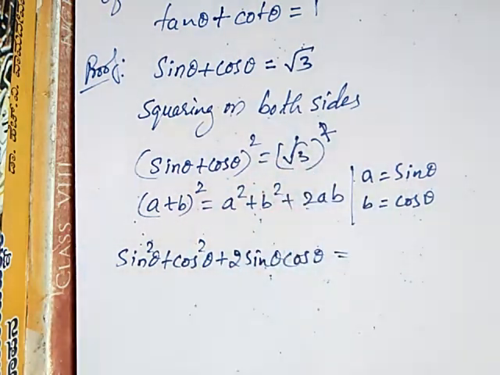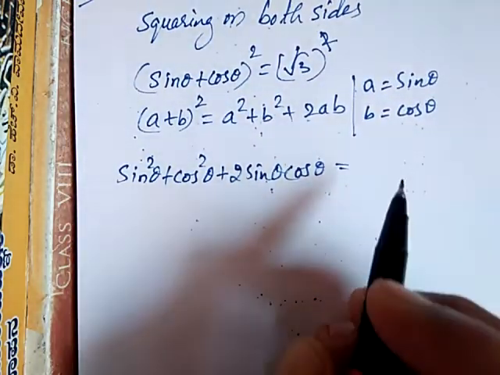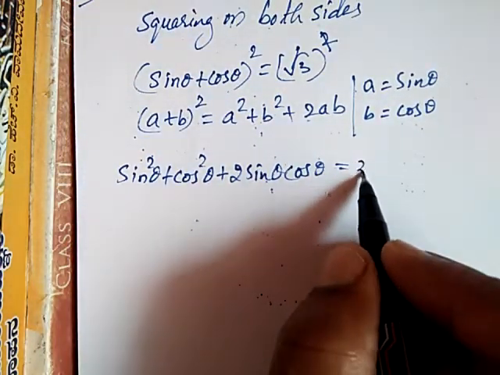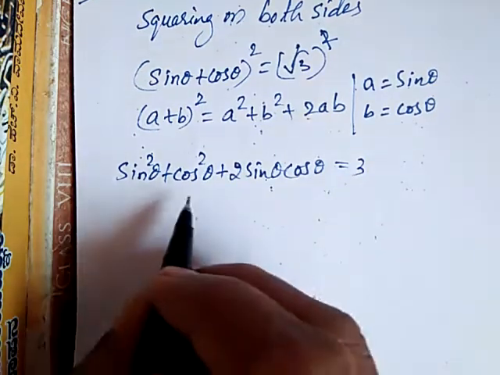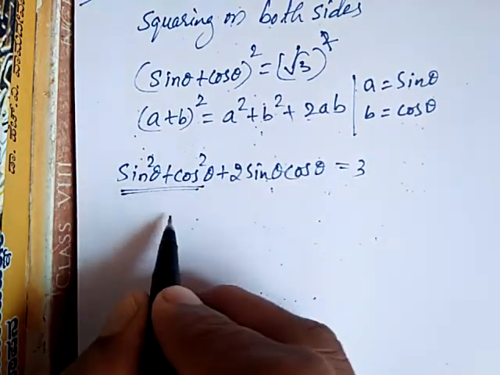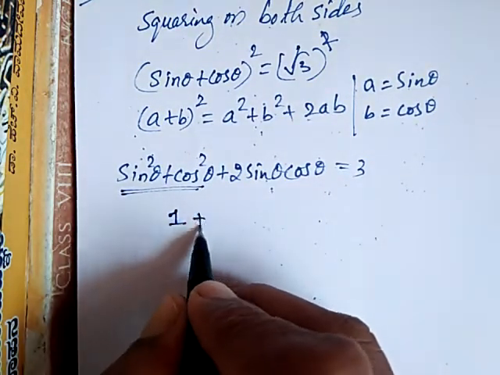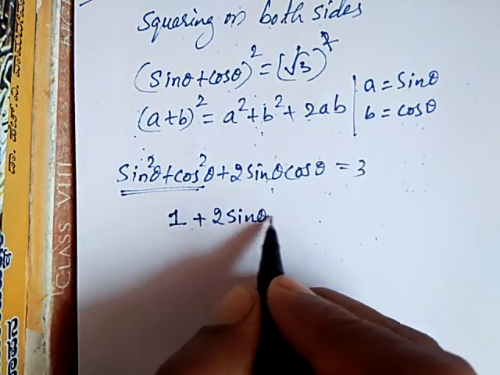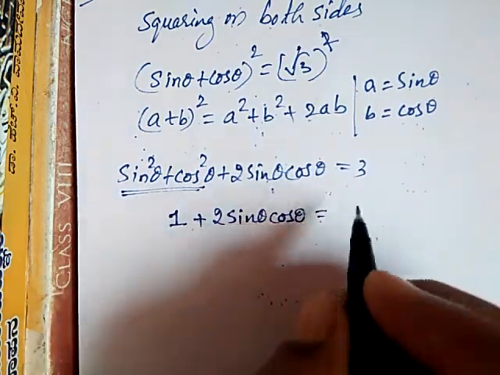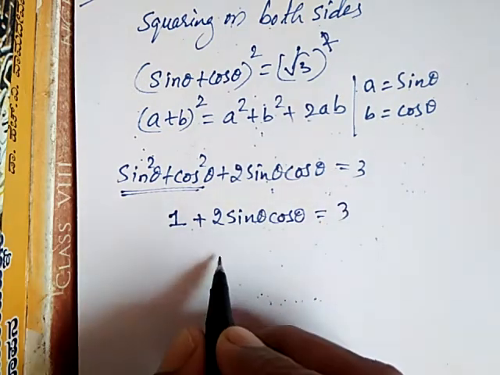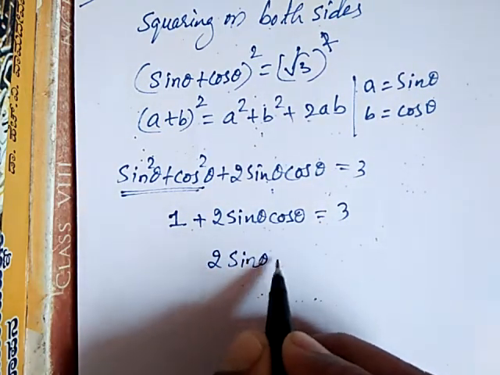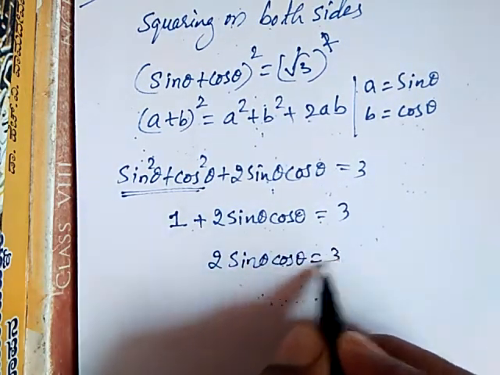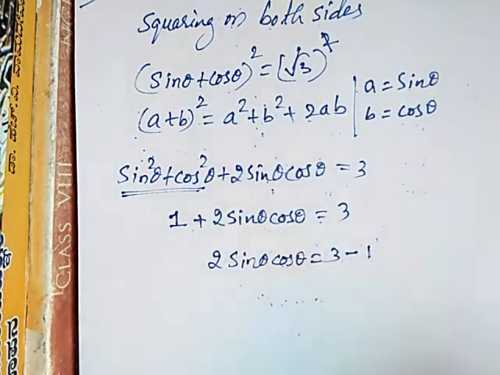Here root and square get cancelled, and it is remaining 3. Here sin square theta plus cos square theta is equal to 1, you know already. So it will be 2 sin theta cos theta plus 1 is equal to 3. If you transfer 1 to the right hand side, it will become minus 1.